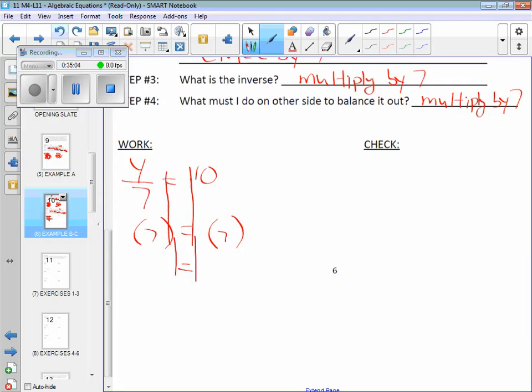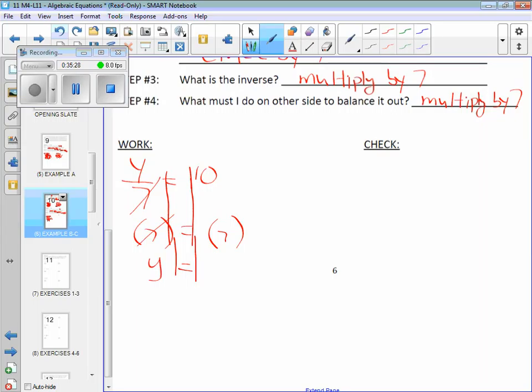Nick, that leaves us what on the left side? Don't forget, this is multiplied by 7. Looks like our variable is equal to 70, but we've got to prove it.